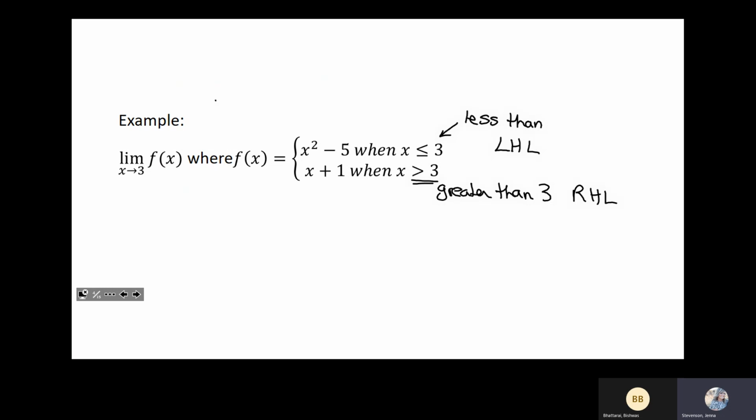Notice again, our breaking point is equal to the value that we're approaching with x in our limit. So we're going to take the left-hand limit, which is going to be the x squared minus 5. And remember, we're plugging in our 3.